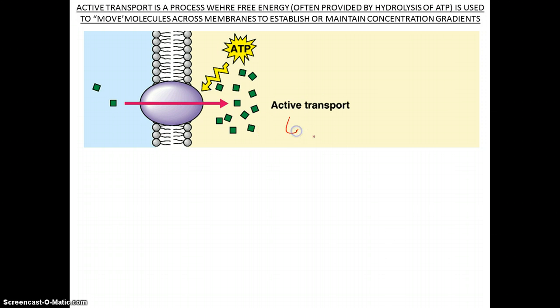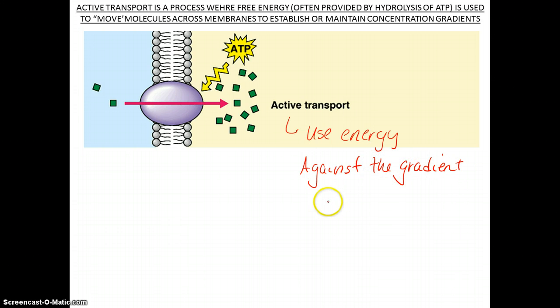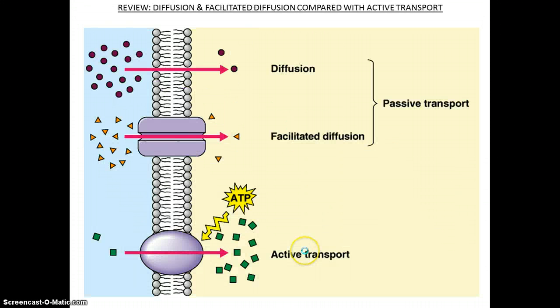So active transport uses energy and it goes against the gradient. So when we say against a gradient, we're talking about low to high. Kind of think of going up the hill. So when you go up the hill, you're going against the gradient and you need energy to go up the hill. So that's active transport.